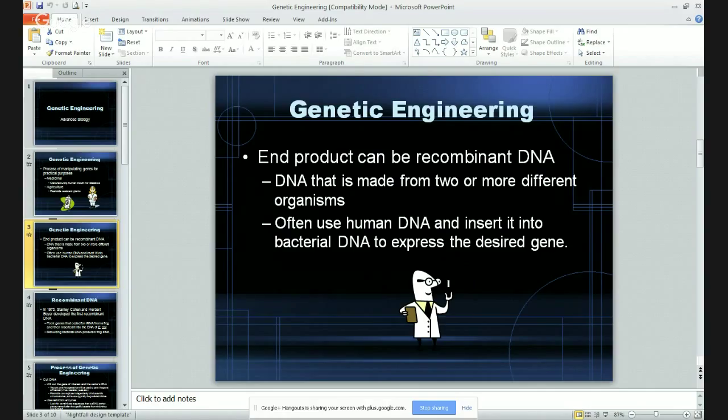For the medicinal purposes, we will use human DNA and insert it into a bacteria so that the bacteria can manufacture whatever it is that we want it to produce, like we said earlier, so that diabetics can actually get human insulin. We're just using the bacteria as essentially a factory for it.